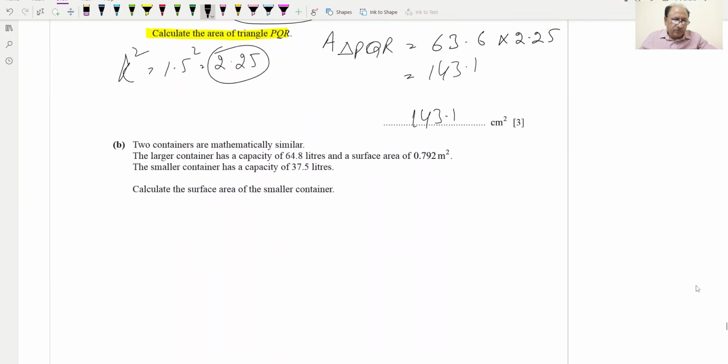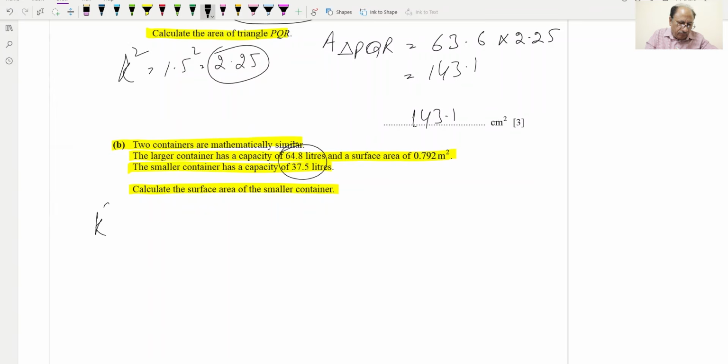Now B part. Two containers are mathematically similar. The large container has a capacity of this one and a surface area of this one. The smaller container has a capacity of this one, and we need to calculate its surface area. So K cubed will be the ratio, since for volume ratios we will check K cubed.